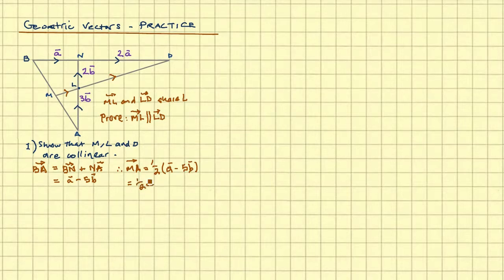And if we expand our brackets, then I've got half a minus 5/2 b. So that's given us an expression for M to A. Now let's work on M to L.